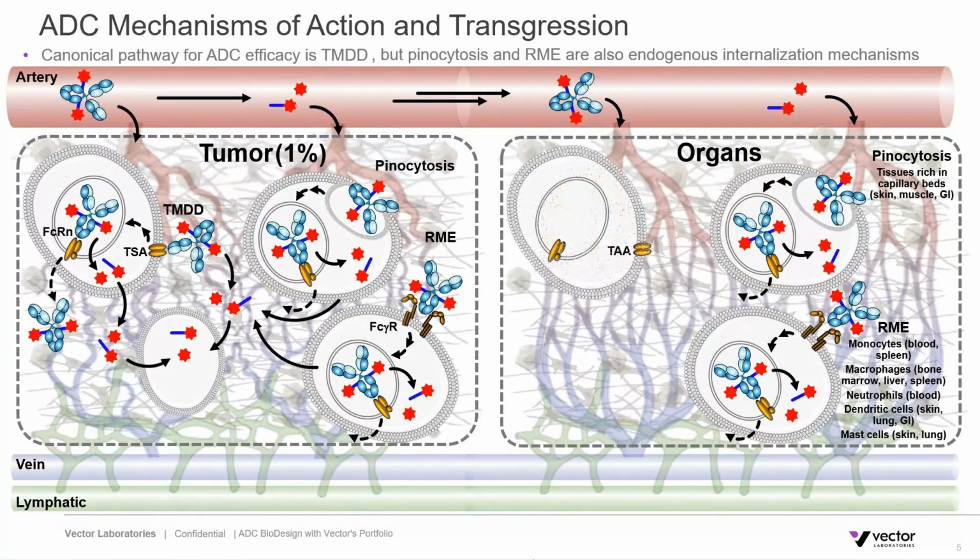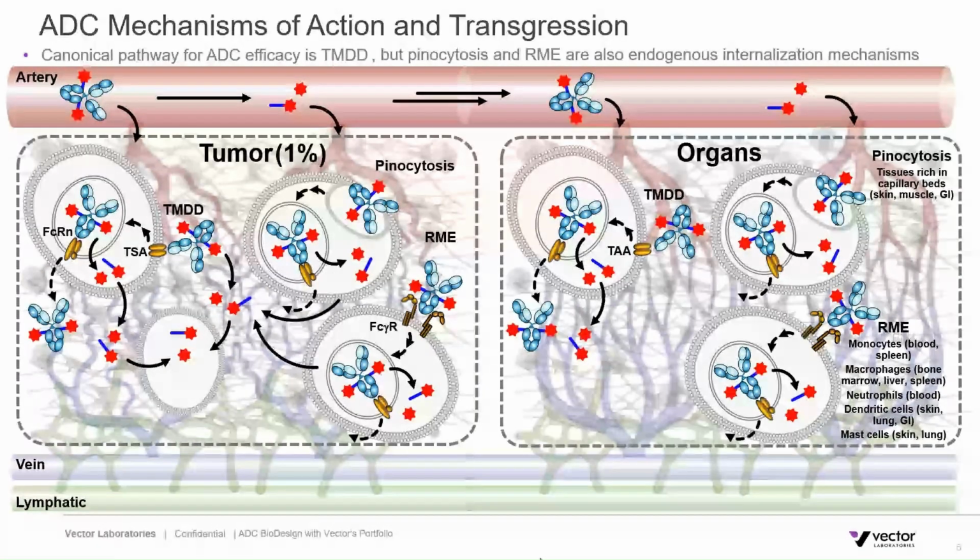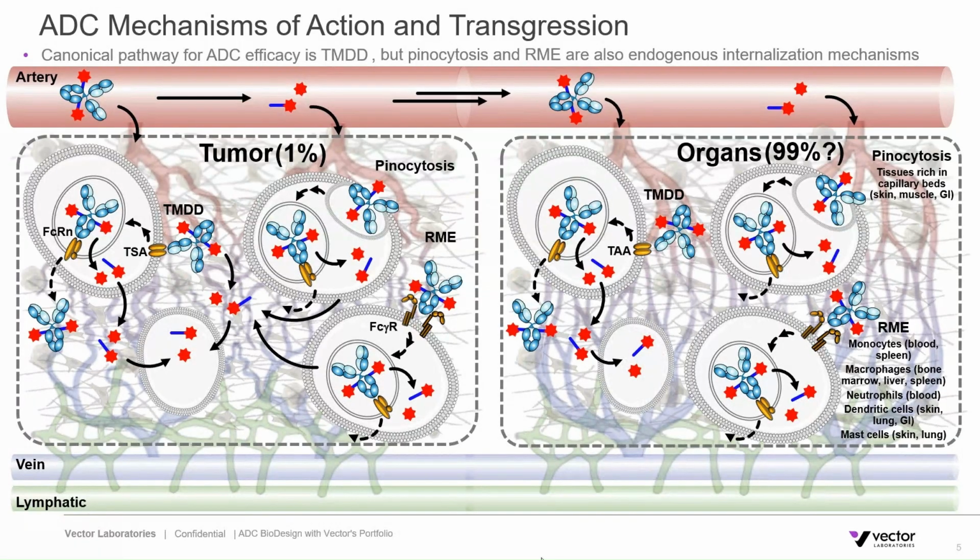In addition, the antigen is sometimes tumor-associated and not tumor-specific, and now it's expressed at low levels in healthy tissues. So now the ADC can bind to that antigen in the healthy tissues, and it gets subjected to internalization and processing, and this can result in either payload release or it can be recycled to the cell surface. So this is presumably the fate of the other 99% of that ADC.